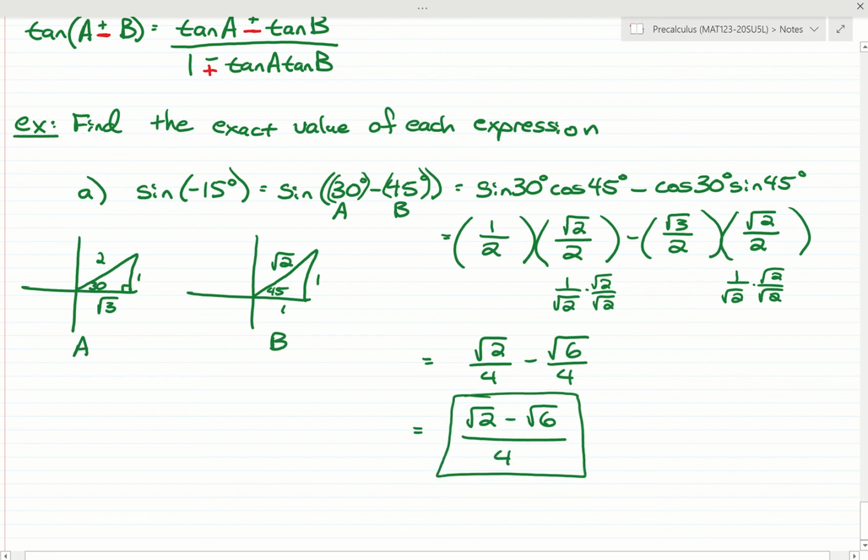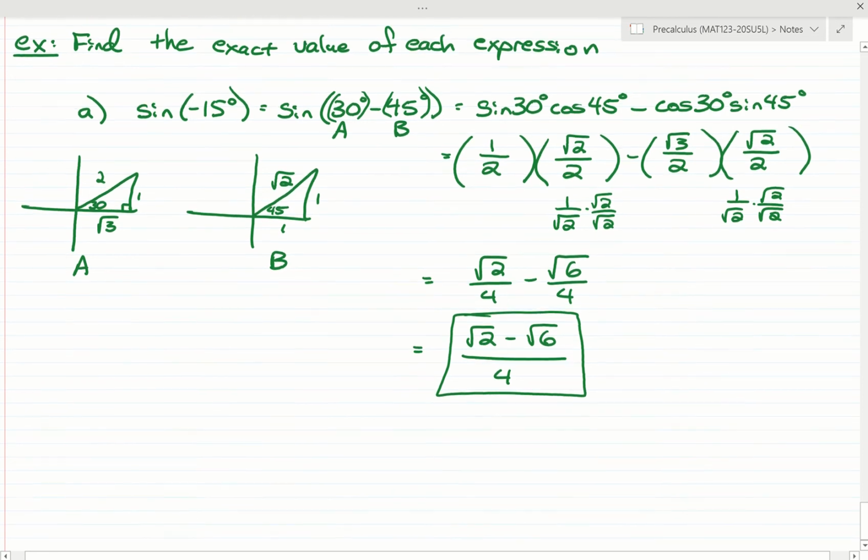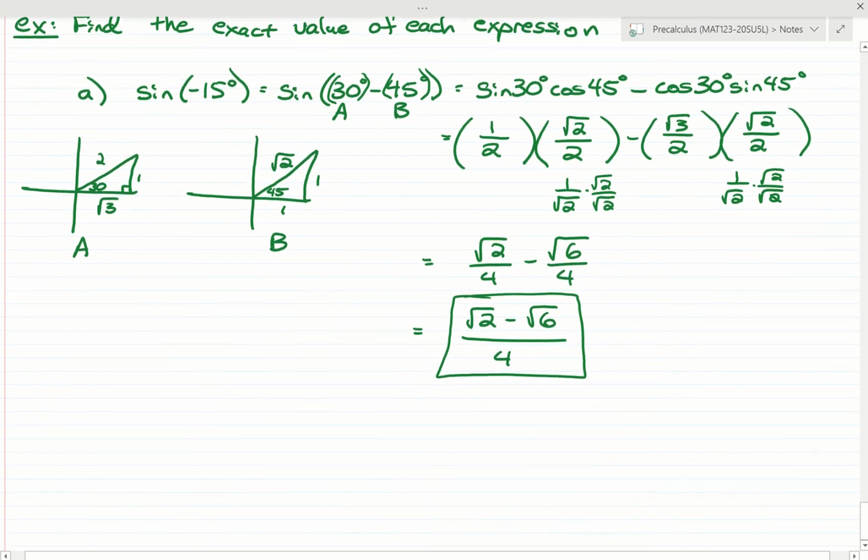You can't simplify that anymore. There's no radicals in our denominator. That's the best answer. Now, if you were to type in sine of negative 15 in degree mode, it's an irrational number, negative 0.2588. That's never acceptable. We want the exact answer, and that's what we get if we use radicals.